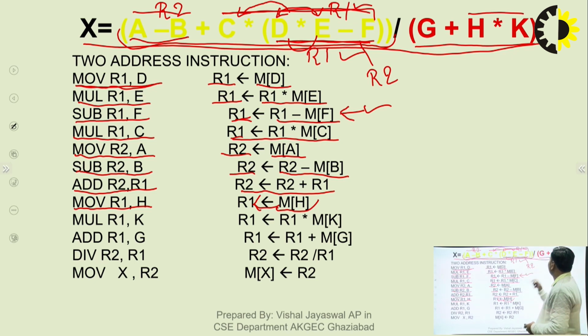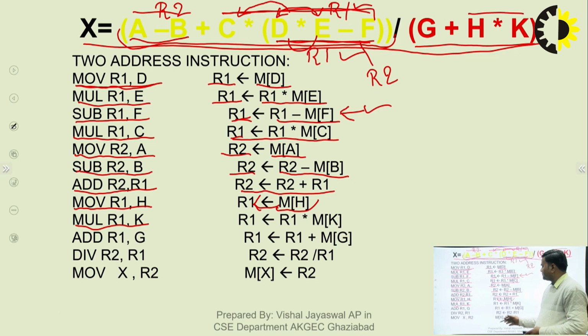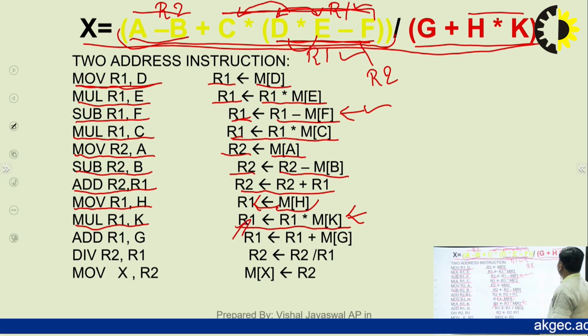After that, we have to multiply H into K because we have to perform H into K. So here we are using multiply R1 comma K, which means R1 tends to R1 into M of K, and before this step R1 contains H. So we can see that H into K is performed and stored in R1 register.